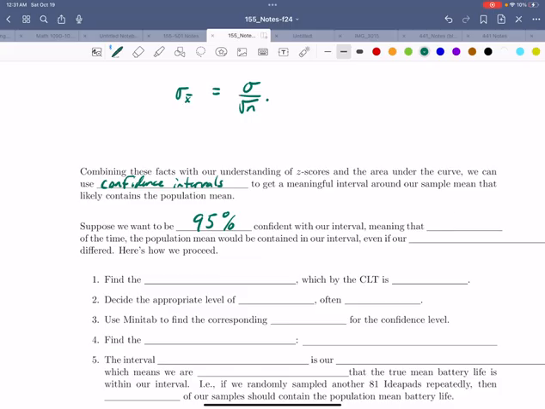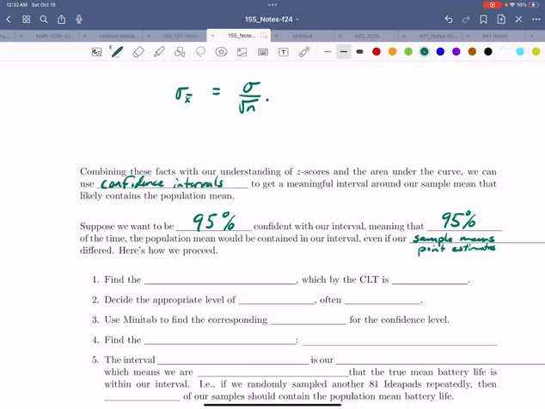Which means that if we were to do this experiment, this random sample, over and over again, and get various sample means, 95% of the time, the true population mean would be within our confidence interval, even if our sample means, or point estimates, as the book likes to call them, differed. So here's how we're going to proceed.